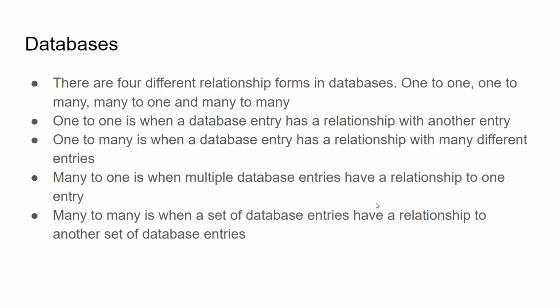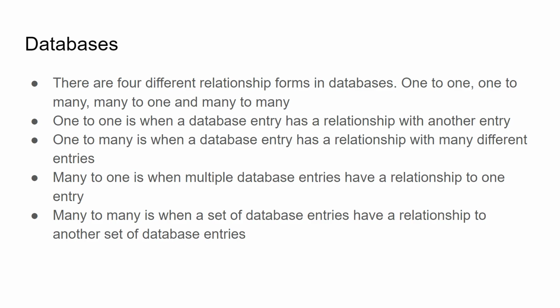There are 4 different relationship forms in databases: one-to-one, one-to-many, many-to-one, and many-to-many. One-to-one is when a database entry has a relationship with another entry.